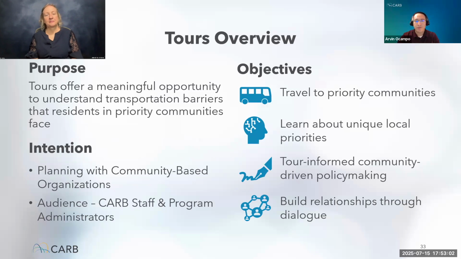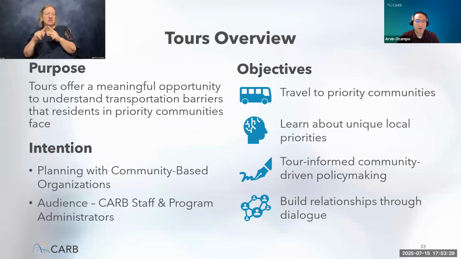So here's a bit of information about the tours. The purpose behind the tours is to offer a meaningful opportunity to understand the transportation barriers faced by residents in priority communities. At the same time, these engagements help surface practical opportunities and refine current programs to better meet community needs on the ground. We aim to host 2 to 3 community tours each year.